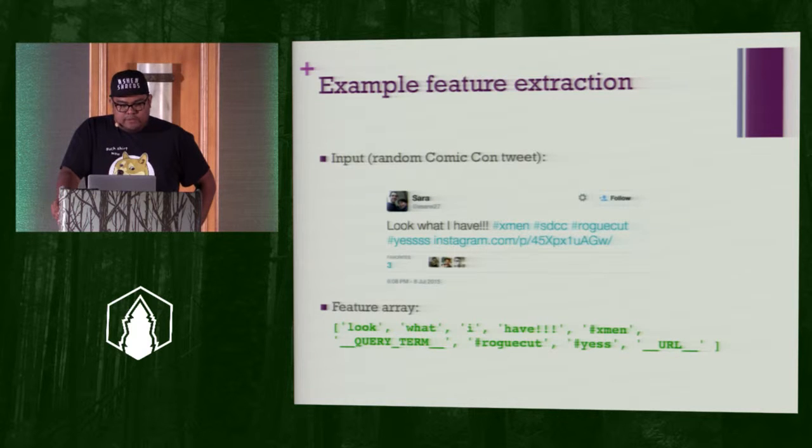I ran it through these few steps, and we get out a feature array here, which is the normalized lowercase version of this tweet, with some of the terms being replaced with the equivalence classes, like query term and URL, and the long yes compressed to a smaller yes.